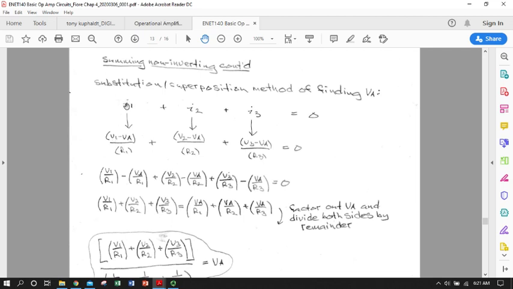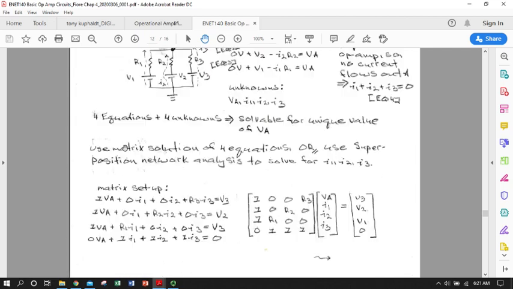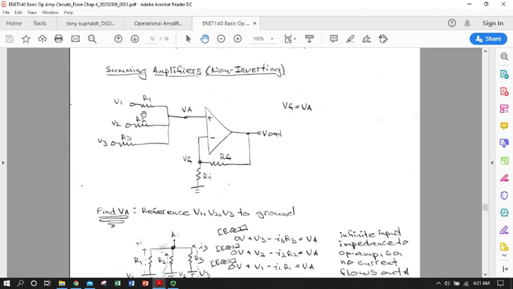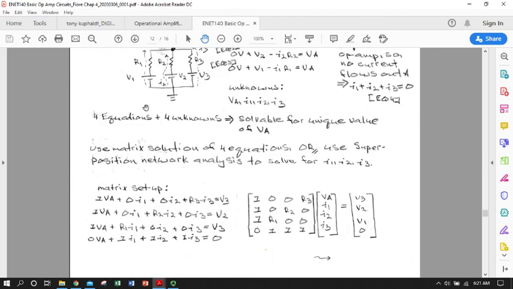So we can apply Ohm's law individually to each one. So I1 is V1 minus VA over R1. Right, that's just back here. I1 going through here is VA minus V1 divided by R1.